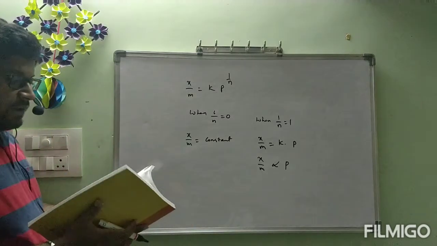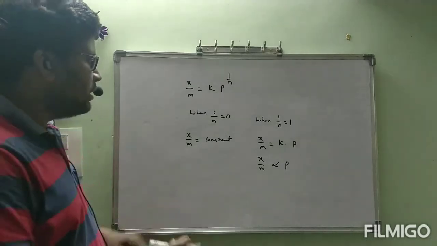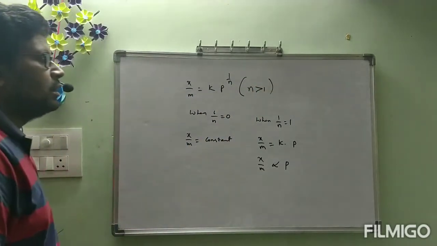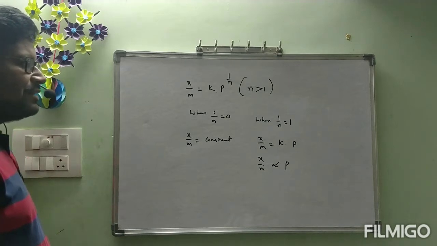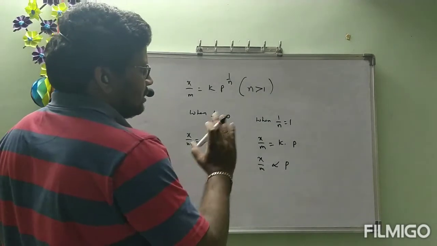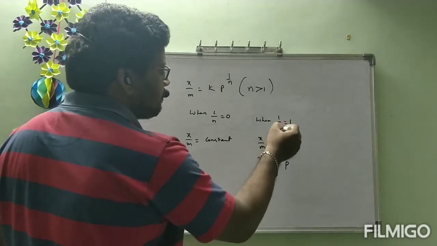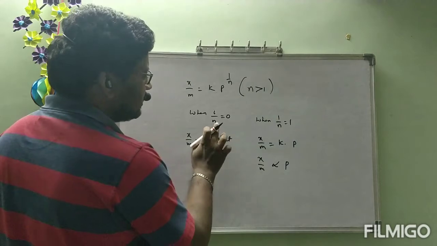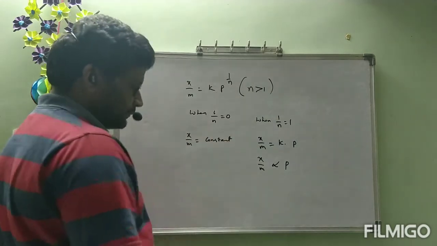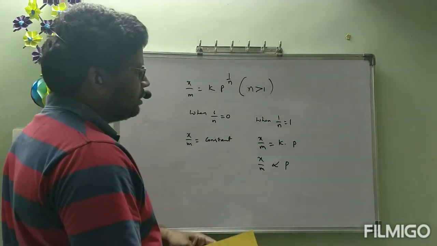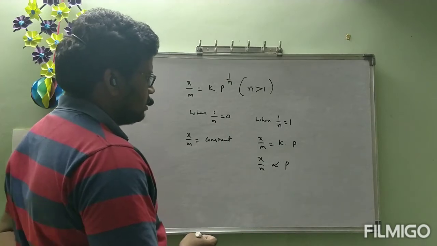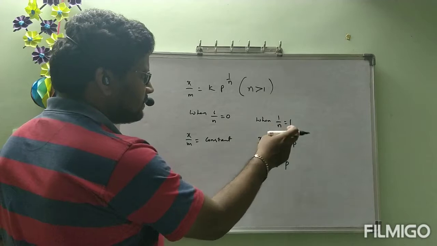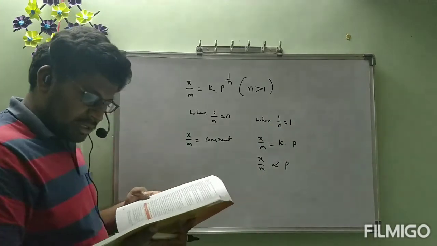See, all of you, while I am telling those values, in the bracket we mentioned that n is greater than 1. That means n is equal to infinity here, and n is 1 when 1 by n is equal to 1.